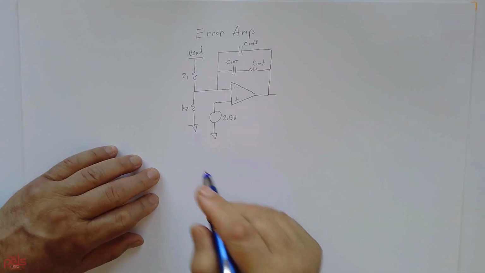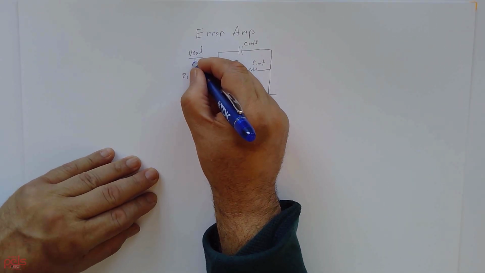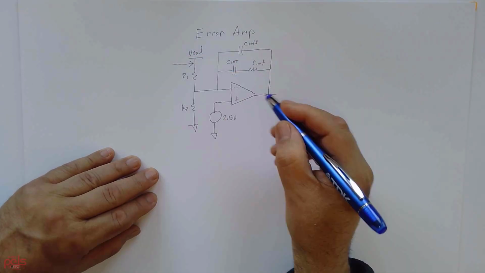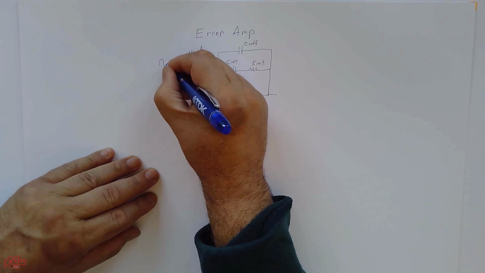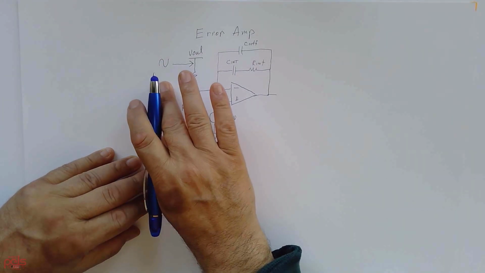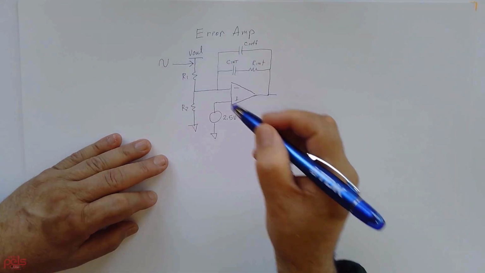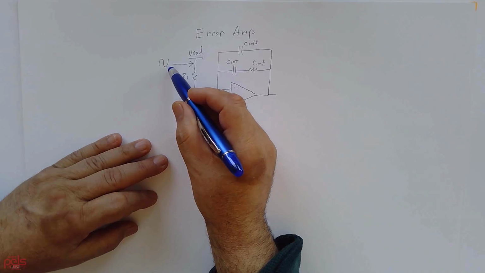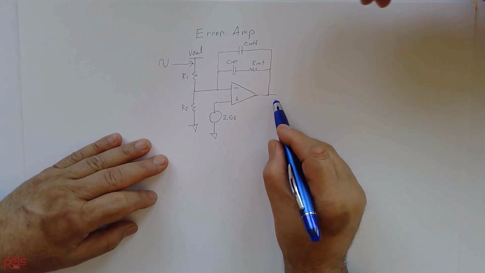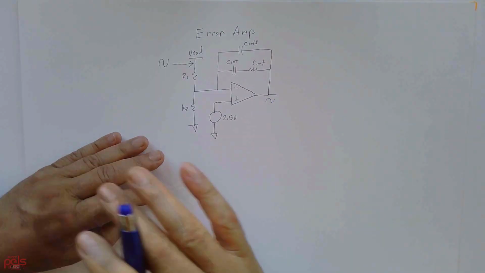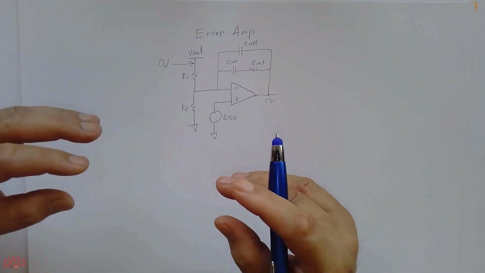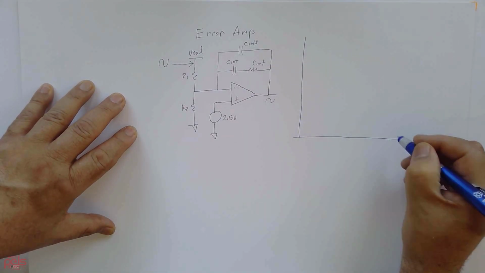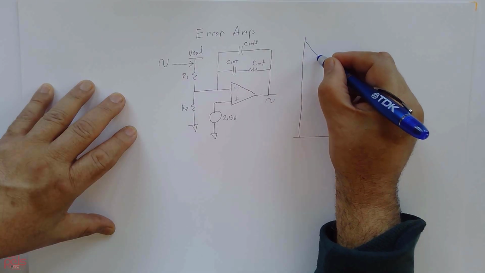Okay. So let's say you were to connect a signal here, and let's say you put a little sine wave, and you would use like the Bode 100, inject the signal in here, or you could even use a function generator and put your scope here, and then monitor this. And if you were to monitor the gain of it and plot it, you're going to have a waveform that looks something like this.